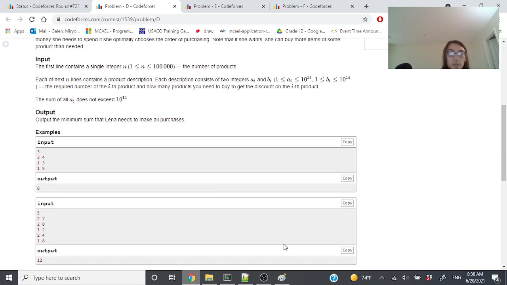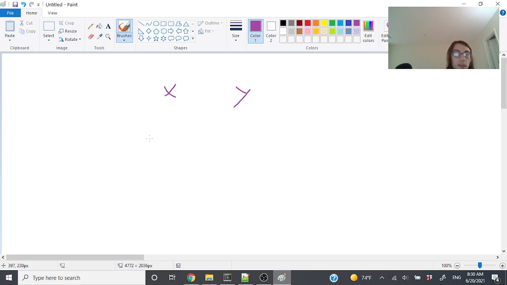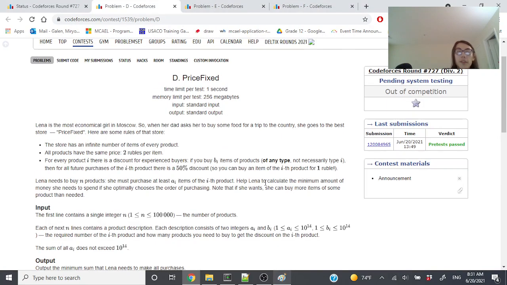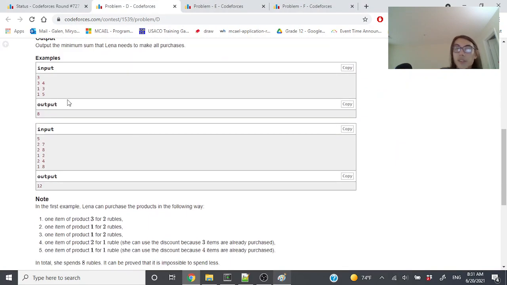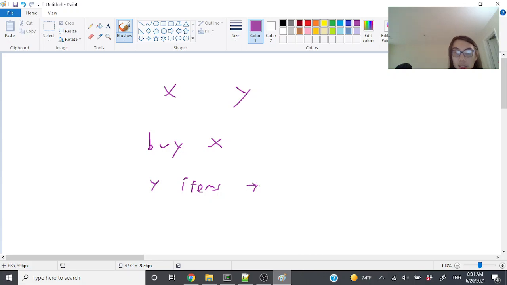For each item, you need to buy a certain amount. So each item has x, y. You have to buy x. And when you've bought y items total, not just y of this item, but y of any item, when you've made y purchases overall, then you get a discount.